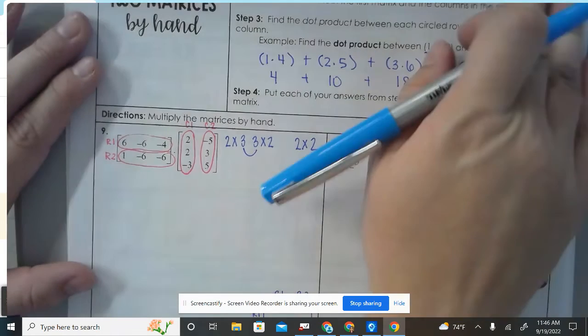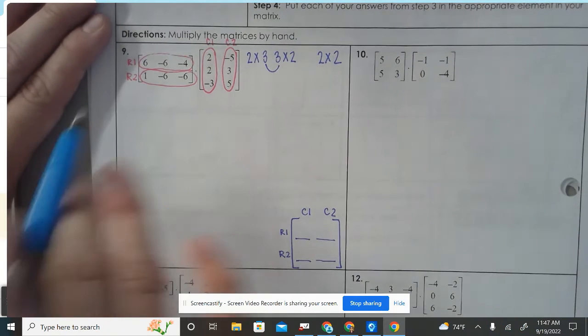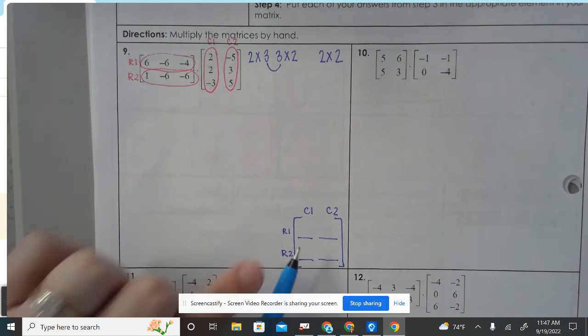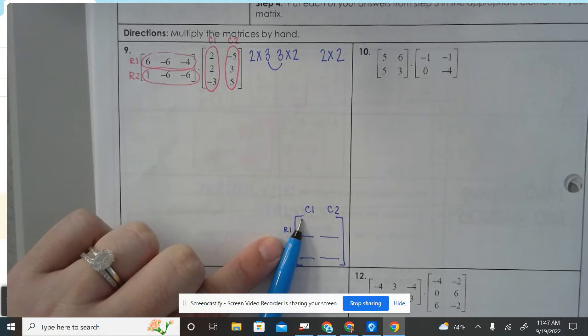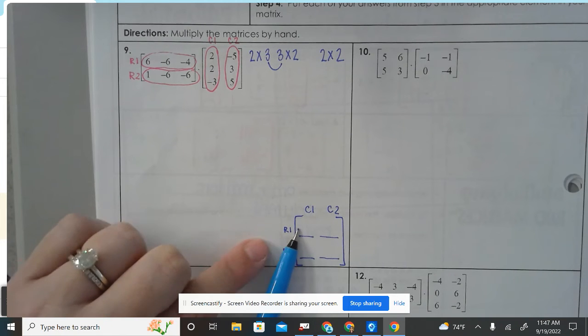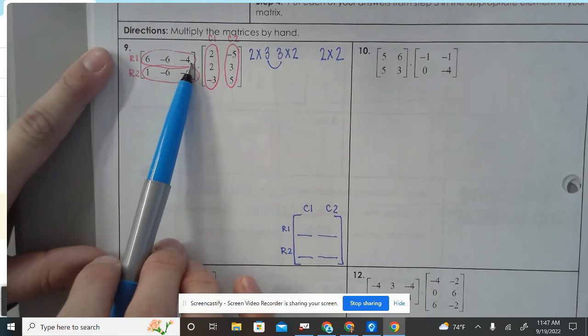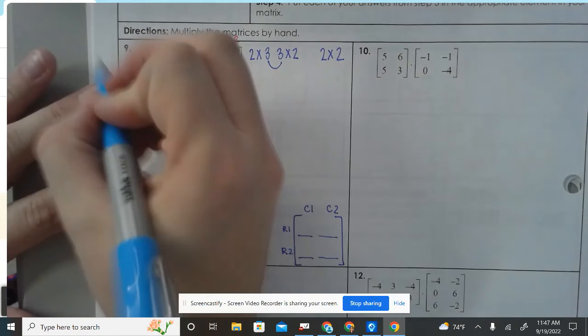So let's get started. So number 9, we've already got everything labeled, which is always what you need to do to start off. I'm going to find the number that goes in this blank. What row is this blank in? What column? 1. So I'm going to do the dot product between what I have labeled as row 1 and column 1.